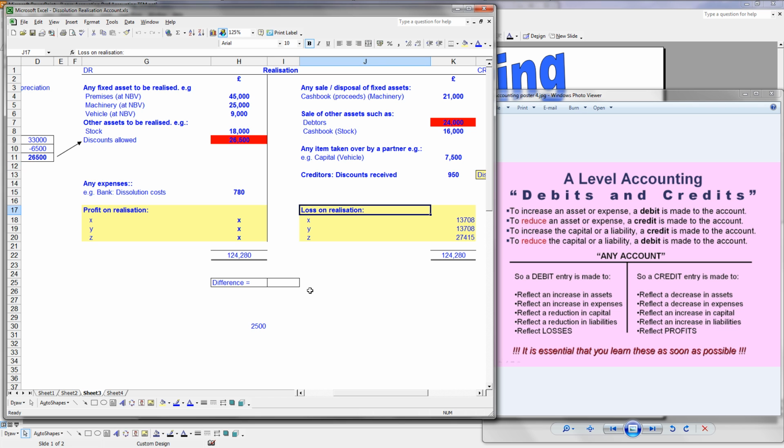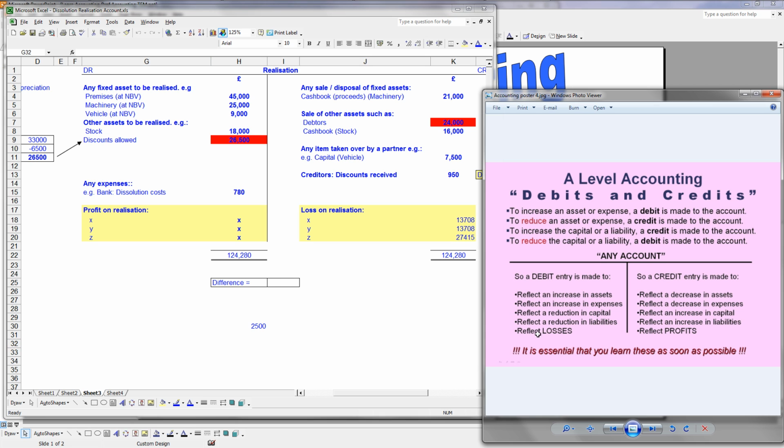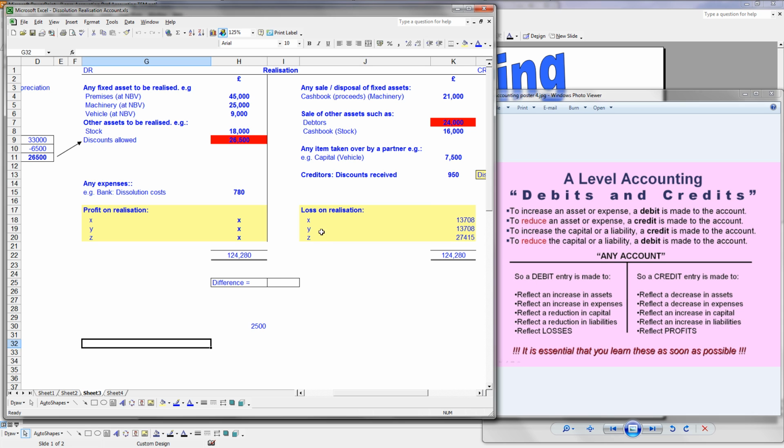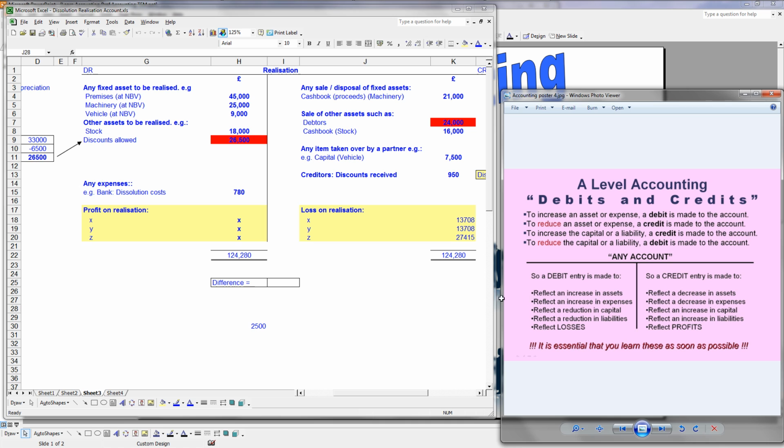They're so important for AS, and obviously most of you watching this being for A2, it's incredibly important you learn these, because you can see how fundamental they are for realization. The realization account is the last account left in a dissolution, so it operates using all the rules of debits and credits, all the accounting equation rules.